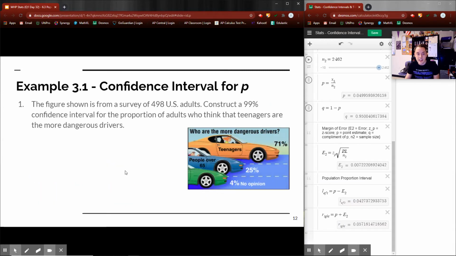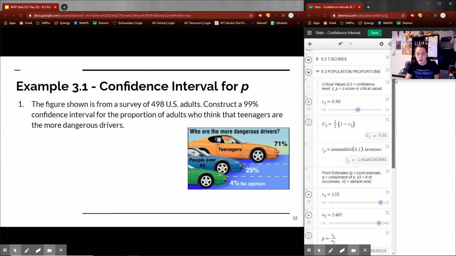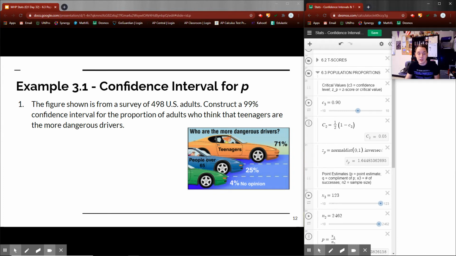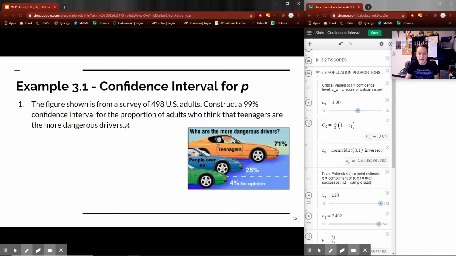Okay, so this next one: a figure is shown from a survey of 498 U.S. adults. Construct a 99% confidence interval. So let's figure this out, okay? First things first, I want to label all my stuff.